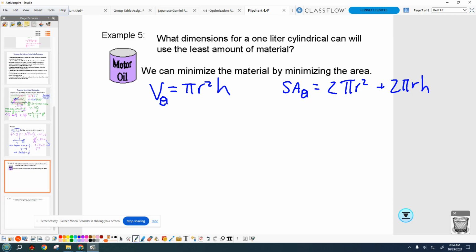But Sebastian, I got the problem that the thing I want to do the derivative of, the surface area, the thing I want to minimize, has an R and an H, and they vary. What can I do?